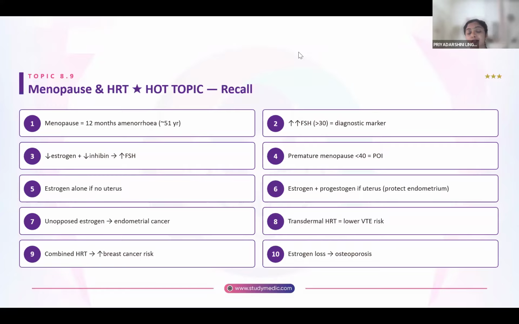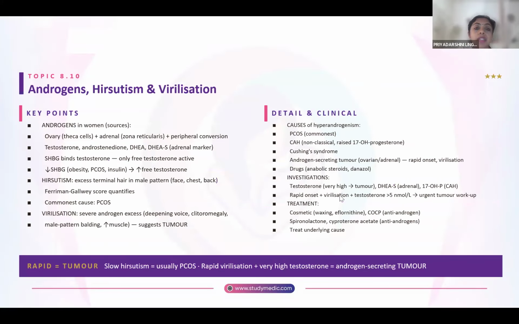There's a slightly increased risk of breast cancer when you use combined HRT. And why is the woman going in for osteoporosis or cardiovascular effects? It is because of loss of the protective effect of estrogen. So the key hormone that is lost is estrogen, and all the side effects are because of this hypoestrogenic state in menopause.